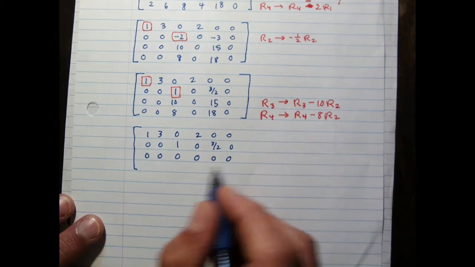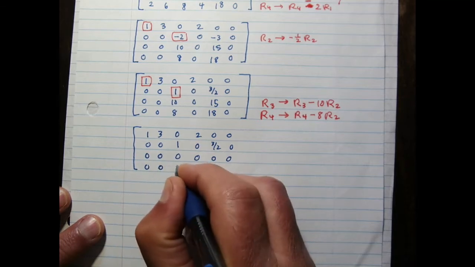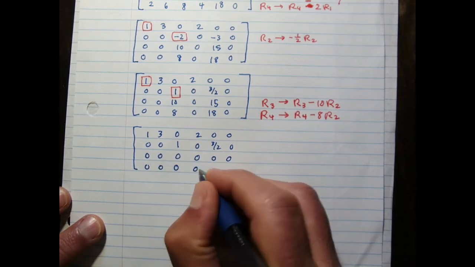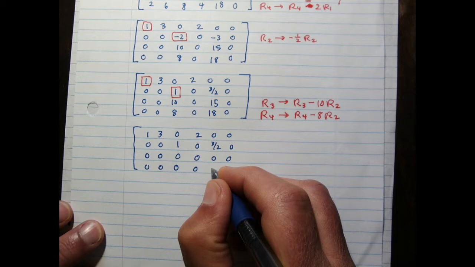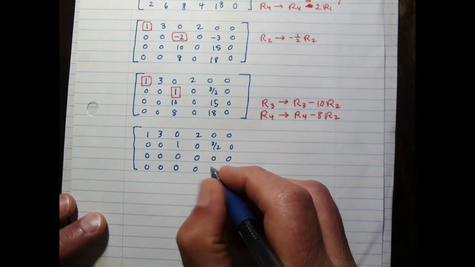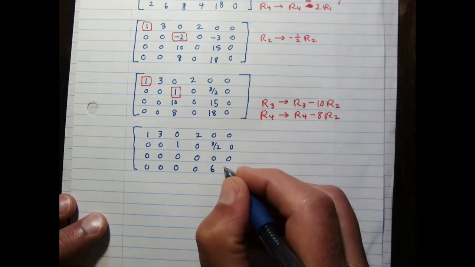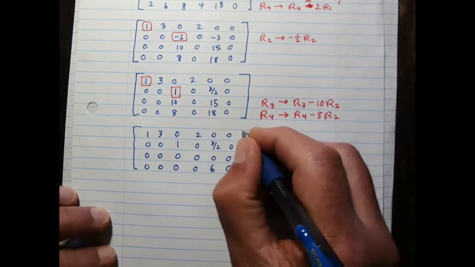And so I get a row of zeros there. Now row 4, I get 0, 0. I'm going to have 0, 0. I'm going to have 18 minus 12, I believe. 18 minus 12 is 6. And then I'm going to have 0 minus 0.